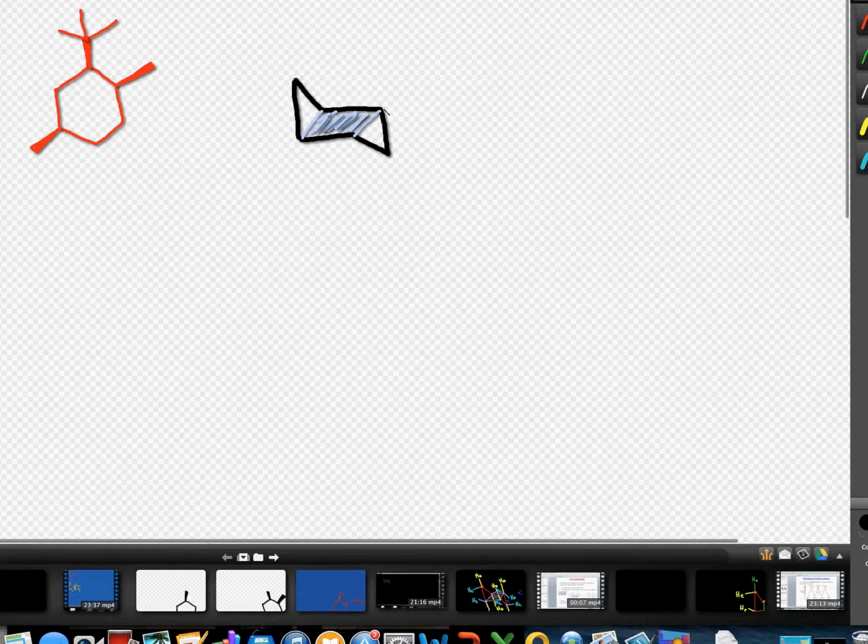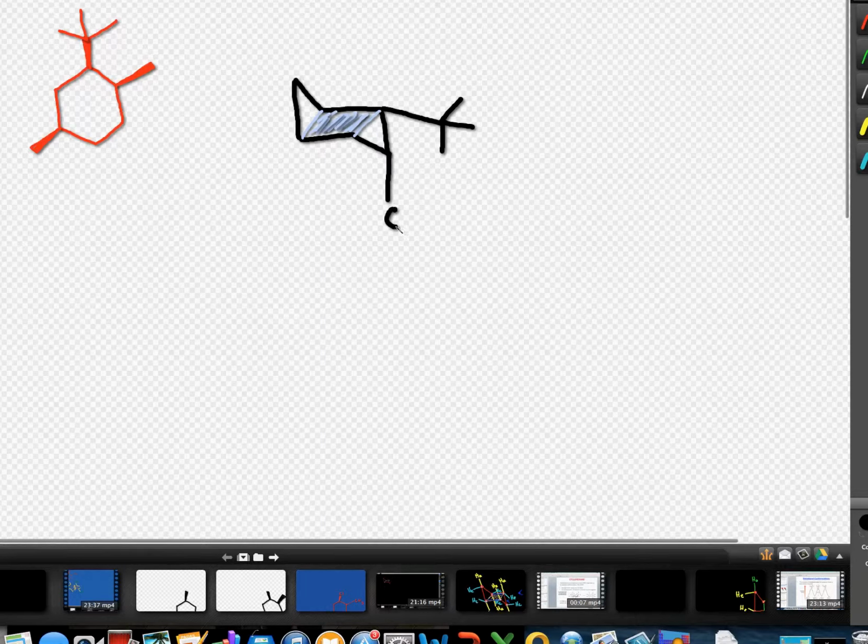So I'm going to place this tert-butyl group equatorial. And then our methyl group needs to be going cis. Again, let's remember that this is north, this is south.